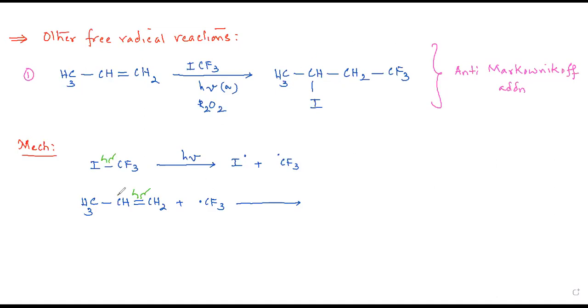You get this and this. Now you can just add these two, right? That is how you get a 2-degree free radical. Then CH2, CF3, CH2, CF3.